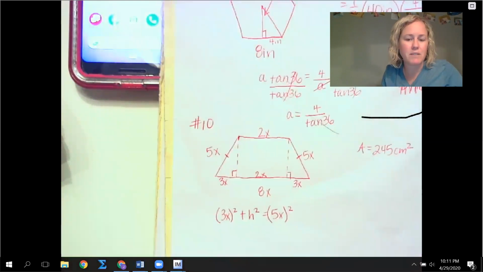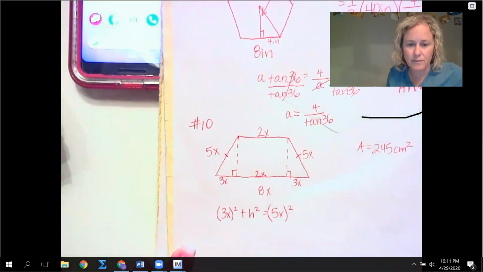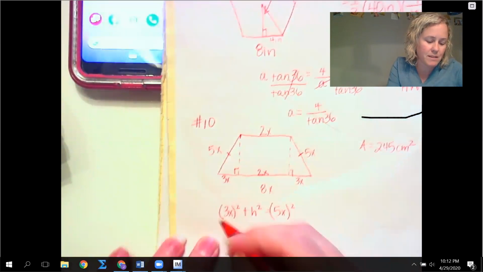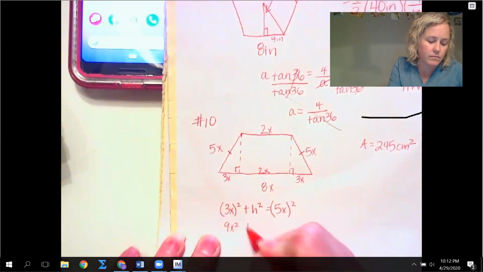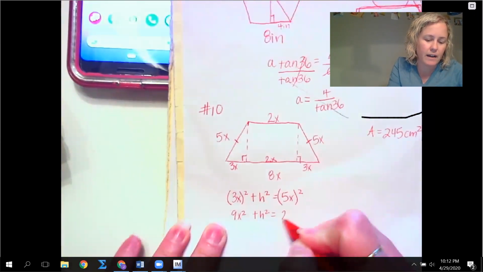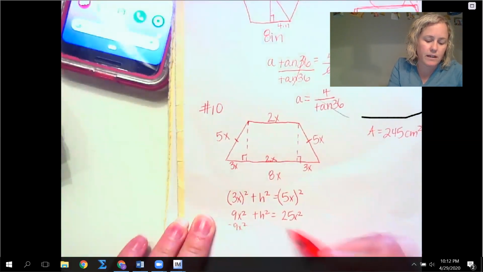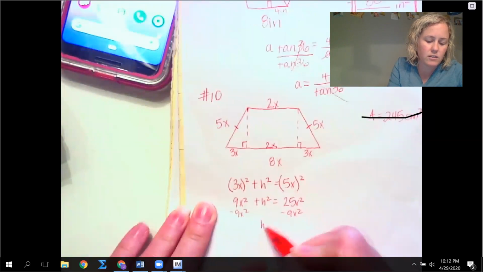And a lot of people attempted to do that, just didn't do it successfully. You have to have the parentheses because you're taking 3x and you're squaring the whole thing. So it becomes 9x squared, and this becomes 25x squared. And then you'll subtract 9x squared from both sides, and you get h squared equals 16x squared.